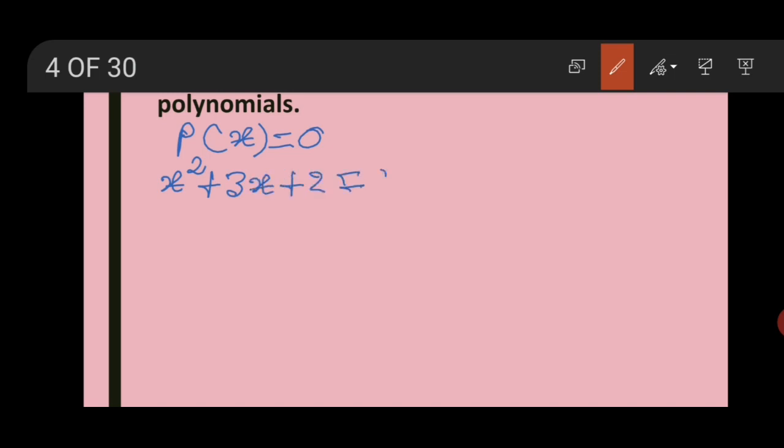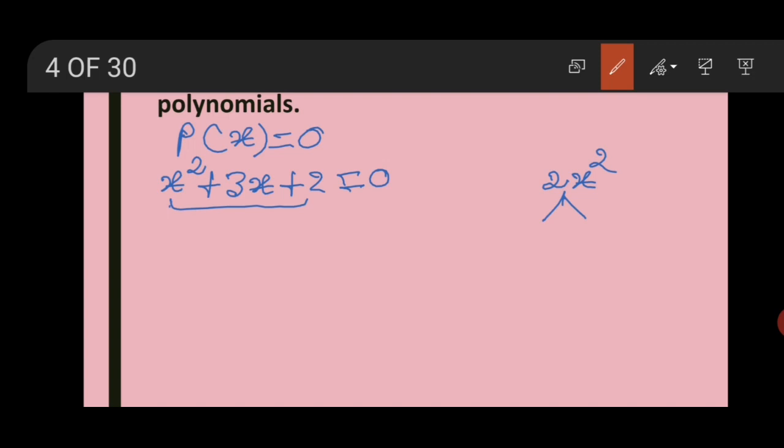Equate it into 0. Since this is a trinomial or quadratic polynomial, how can you factorize this trinomial? Product of first and last term, x square into 2, is equal to what? 2x square. Now sum, it should give sum as 3.